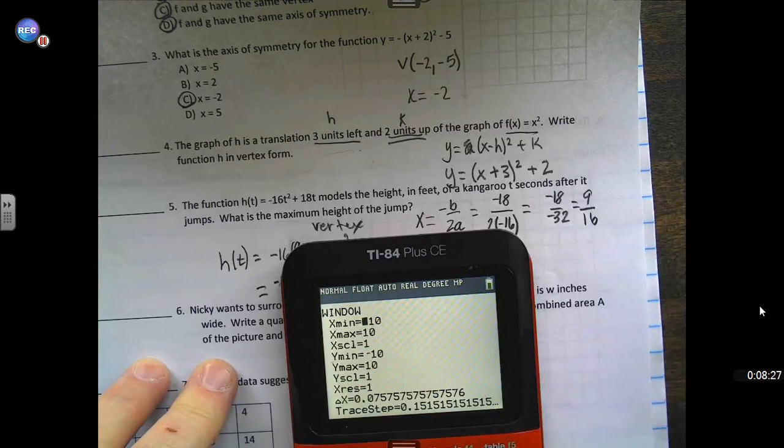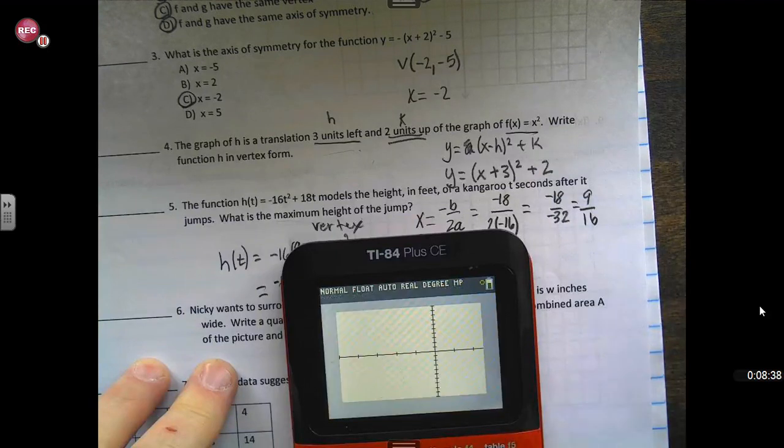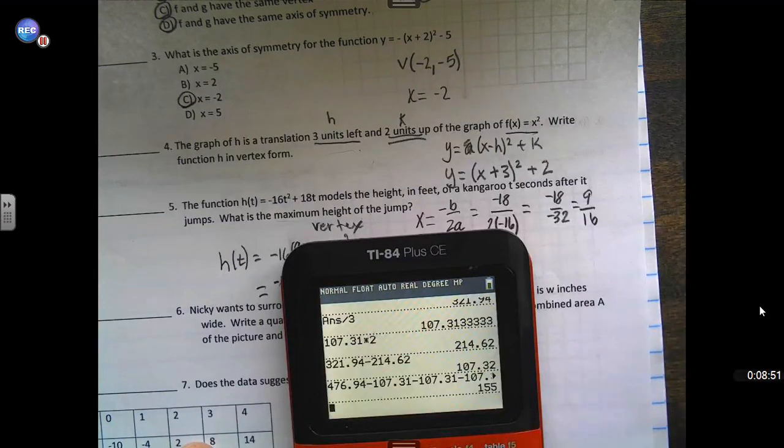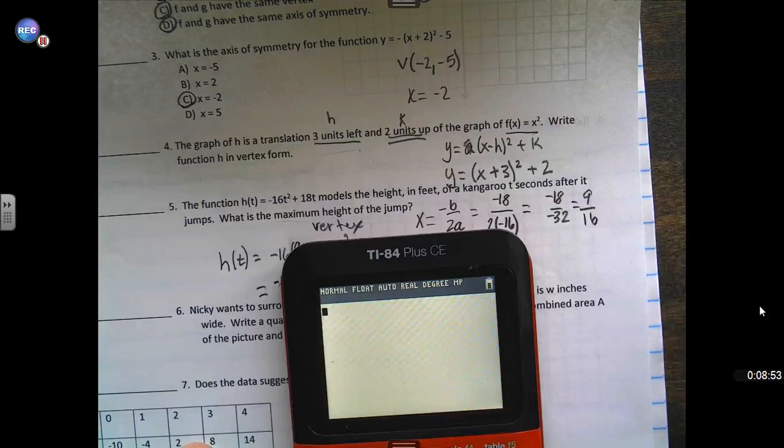I'm going to spread out my x-axis a little bit. Didn't really do what I wanted it to do. But what I can do is, we'll go back to that.